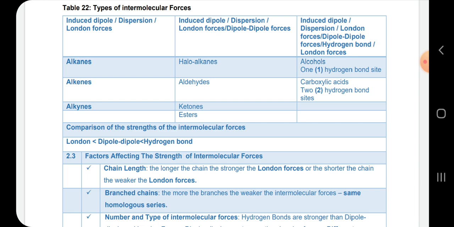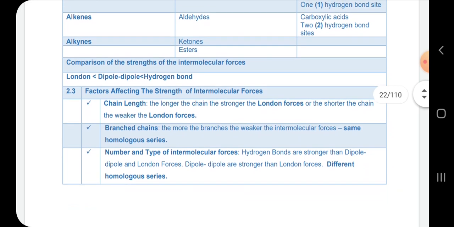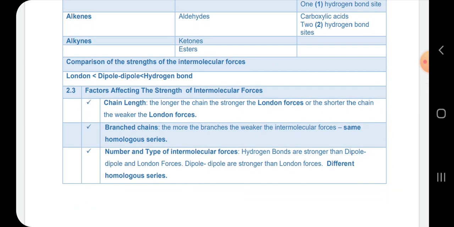And then with alcohols and carboxylic acids, the forces that you can get are induced dipole, dispersion, London forces, dipole forces, and hydrogen bonds. So hydrogen bonds are the strongest. London forces are the weakest intermolecular forces. So in the comparison of strength of the intermolecular forces, London forces are less than dipole forces.